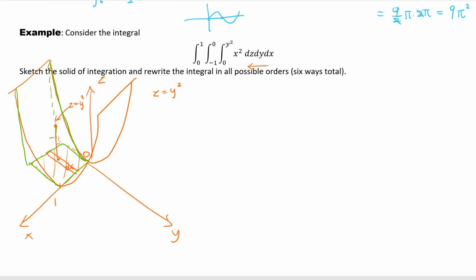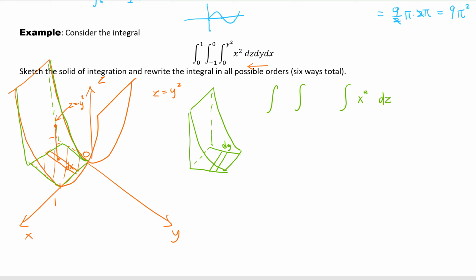Now let's see. Let me draw this guy again. Okay, so let's use this order. So this is dy, and x squared stays inside.